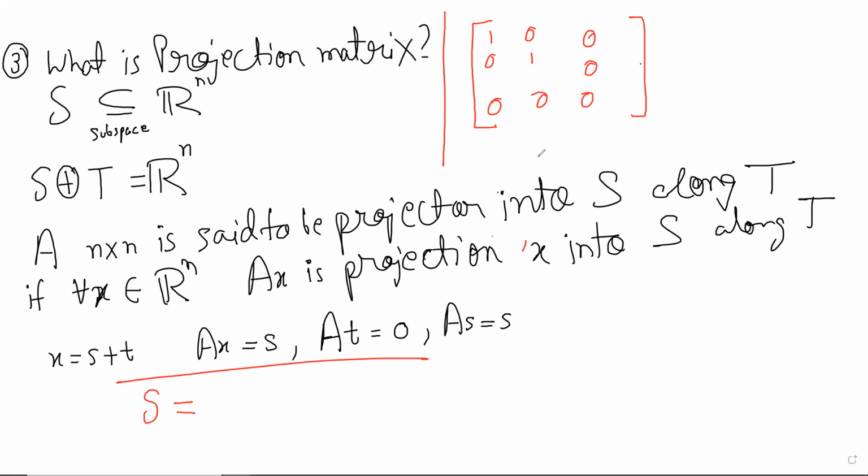Now can you say what is S and what is T? So S can now be taken as 1, 0, 0, 0. That is almost tautological, but if you're seeing this for the first time, it's a little strange. 0, 0, 0, 1.